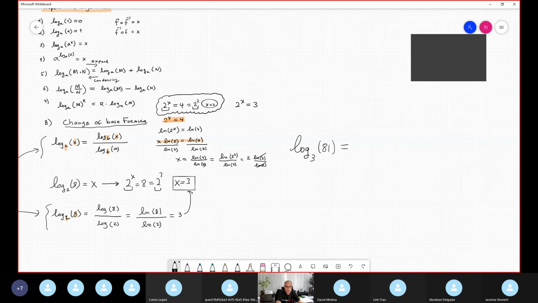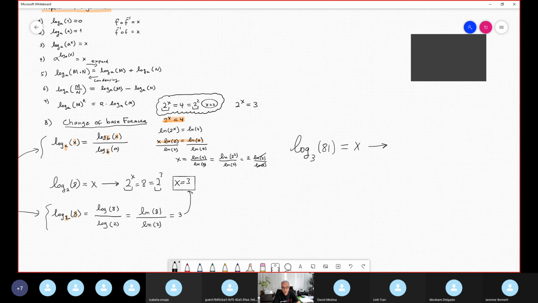So we can do it by hand or with a calculator. What do you prefer? Calculator or hand? Hand, to see how it works. Because sometimes it doesn't work. In this case it's super easy, but in another case it's not easy.